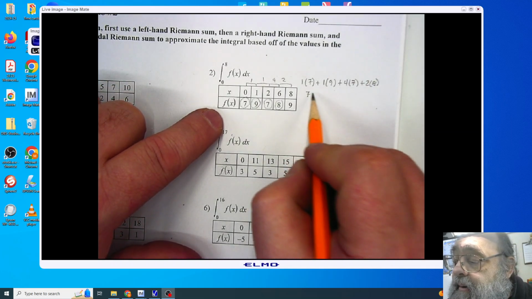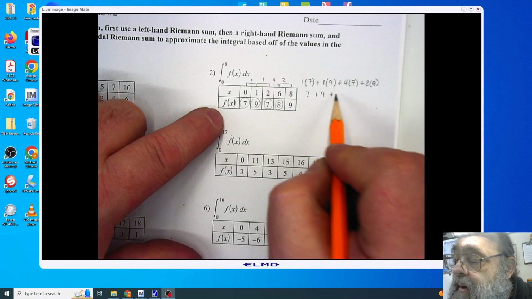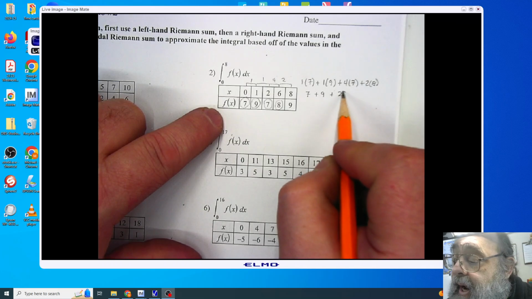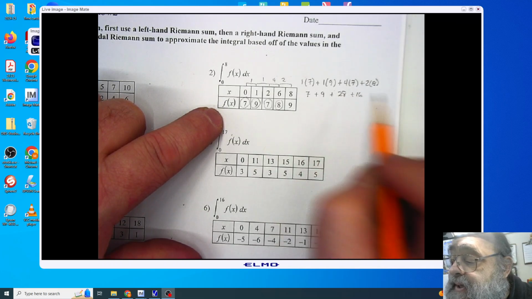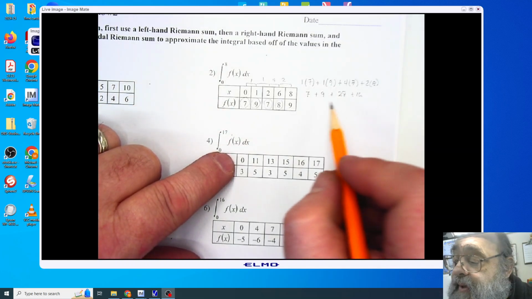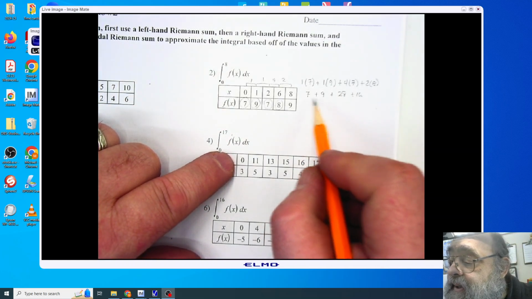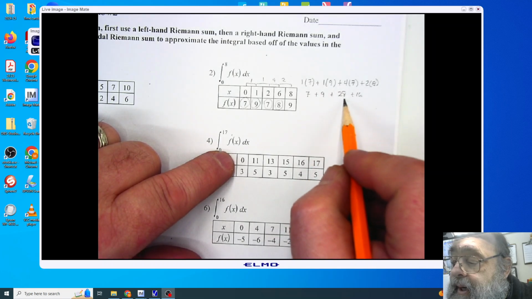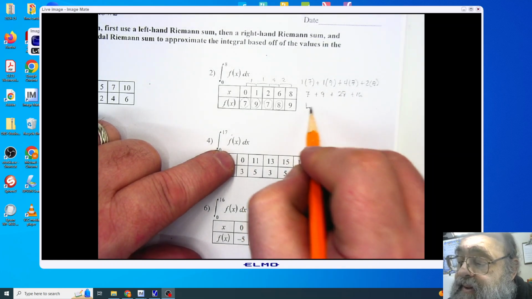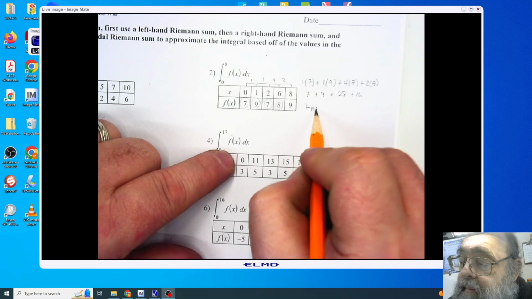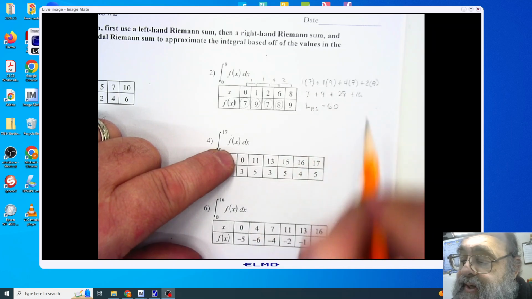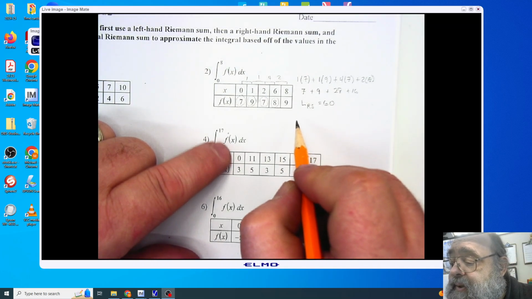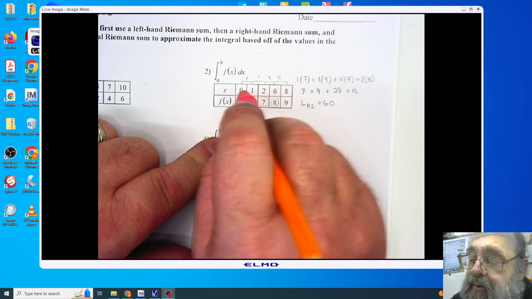So we have 7 plus 9 plus, let's see, that's going to give me 28 and 16. And when I add these all up, 16 and 16 is 32, 40, 60. So our left Riemann sum is 60.